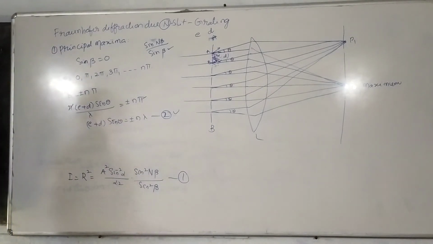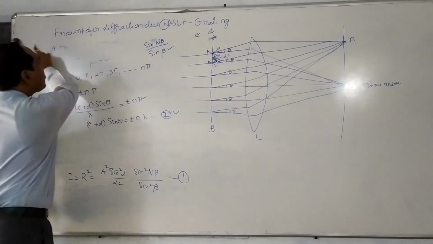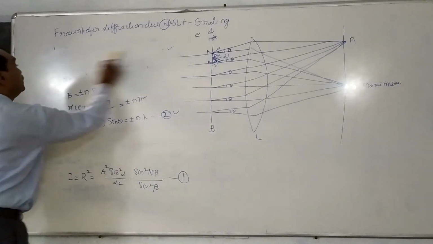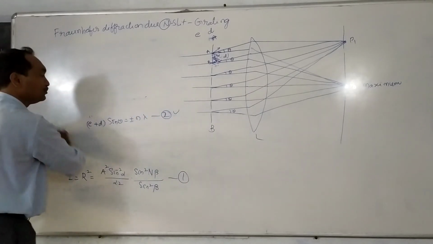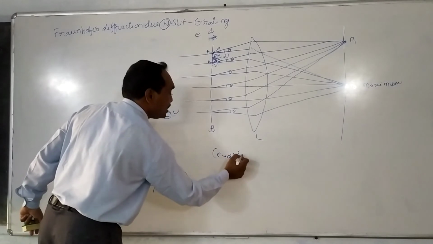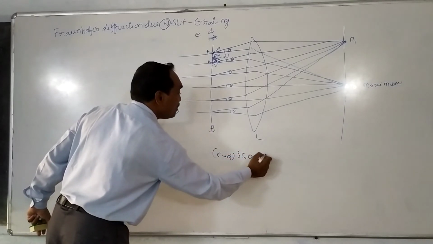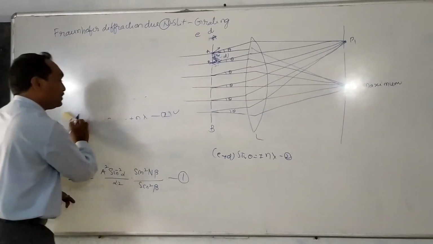It is simple. And what about the second one? Minimum intensities.